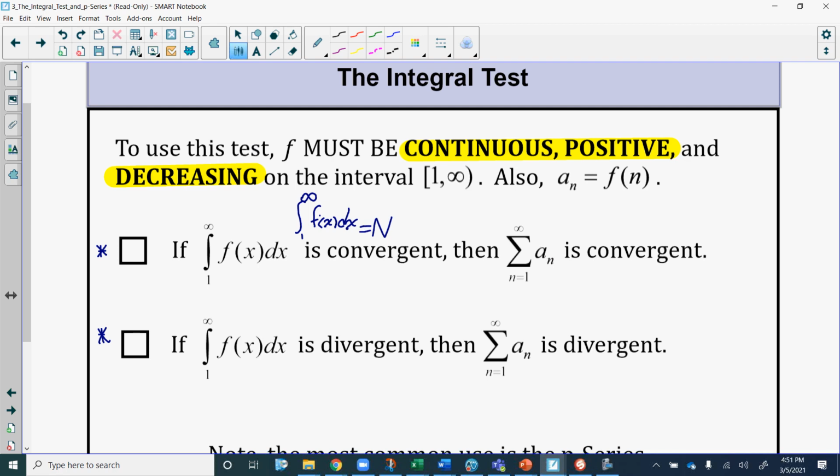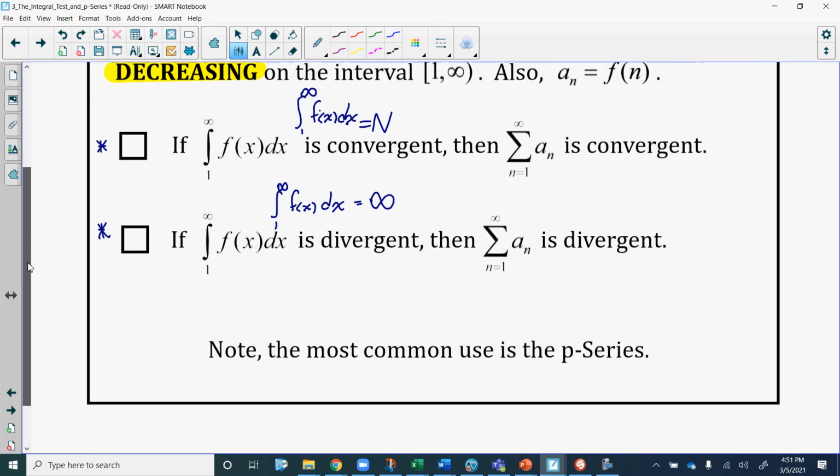If it equals a specific number, then the series itself will be convergent. Now, if the improper integral from 1 to infinity of f of x dx goes towards infinity, meaning the improper integral is divergent, then the series itself is going to be divergent.